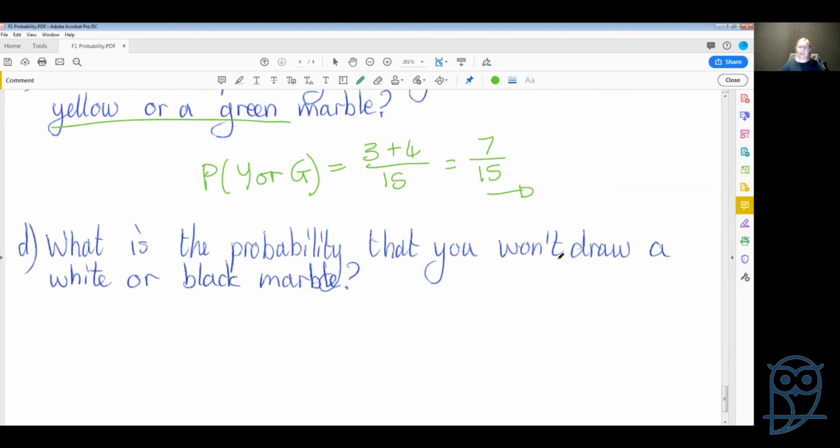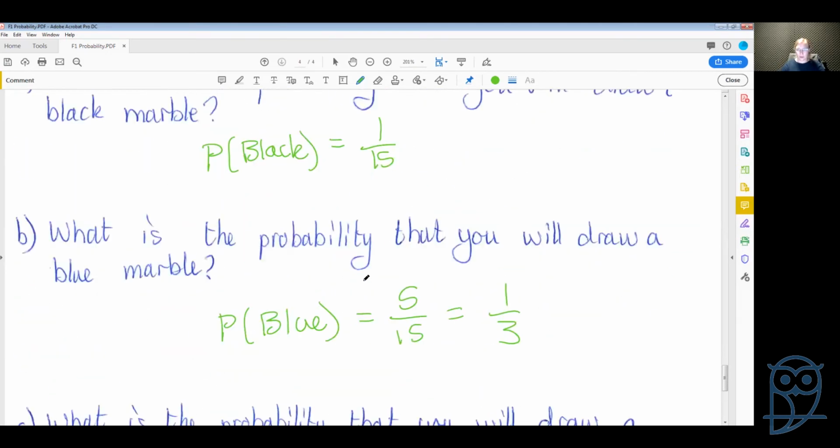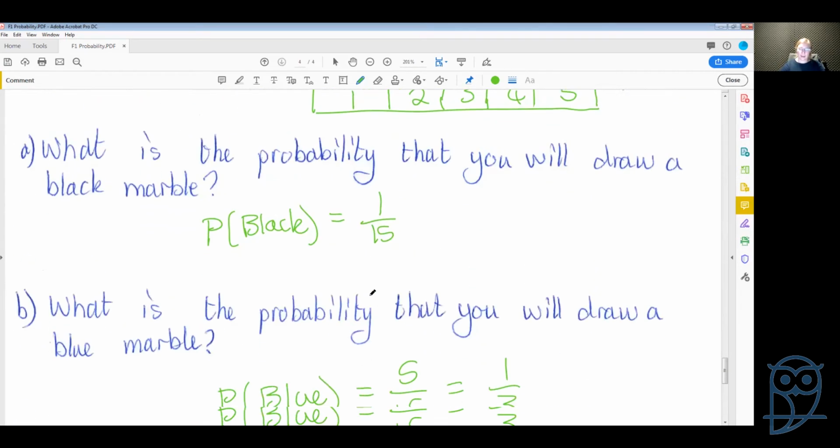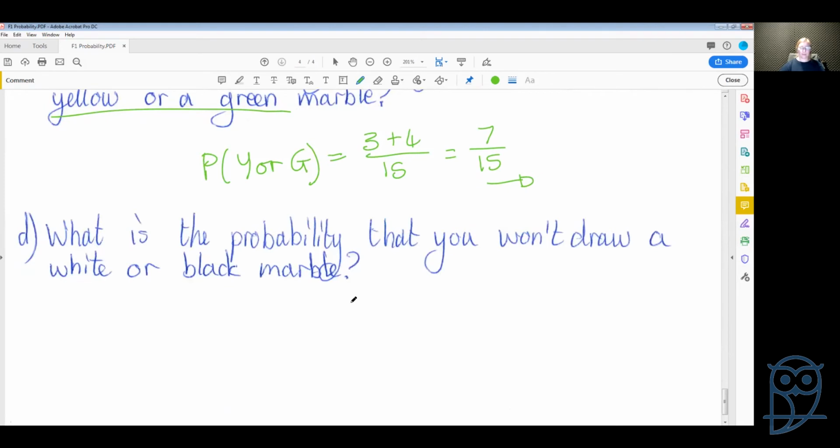So what is the probability that you won't draw a white or black marble? So we have 2 white marbles and 1 black marble. If we go look up here, 2 white, 1 black. So our probability of drawing white or black is then equal to 1 plus 2 over 15.